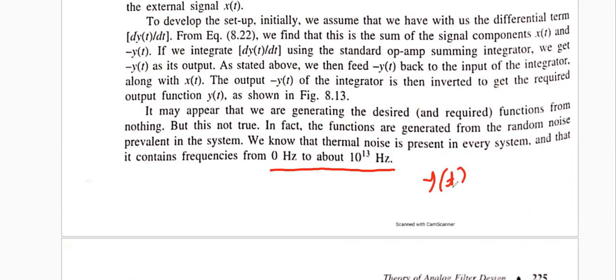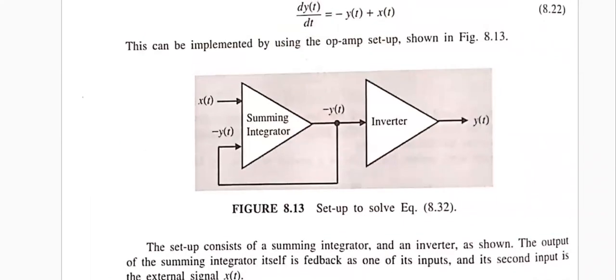So we have the input signal and the noise signal, which gives the feedback of the circuit. What is the value of minus y(t) at the beginning? That is a question. It is in the range from 0 to 10 to the power 13 hertz, so any value. We are taking the range of the frequency of the input as a feedback, and time to time it gives the value to that.